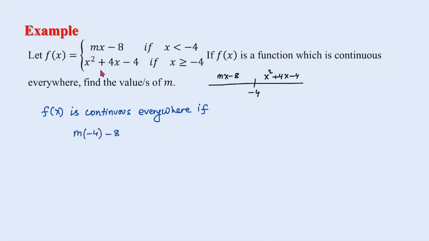And if we plug in -4 here, this one will be -4 squared plus 4 times -4 minus 4. Left hand side will be -4m minus 8. And the right hand side will be, this is 16 and this is -16, so they get cancelled. It is just equal to this -4.